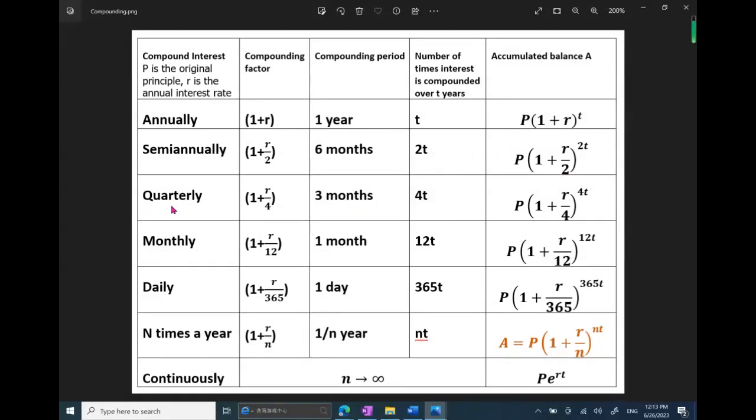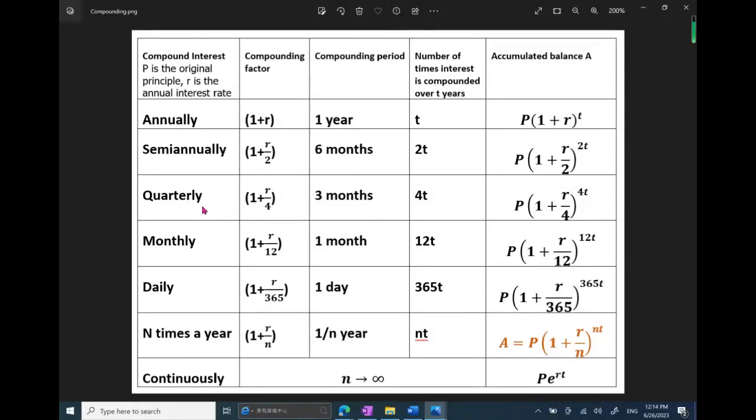So what if your interest in the account is compounded quarterly, 4 times a year? By the end of March, by the end of June, by the end of September, by the end of December. Suppose you deposit your money at the beginning of the year for convenience, then your compounding period would be 3 months. Every 3 months, your interest is compounded 1 time.